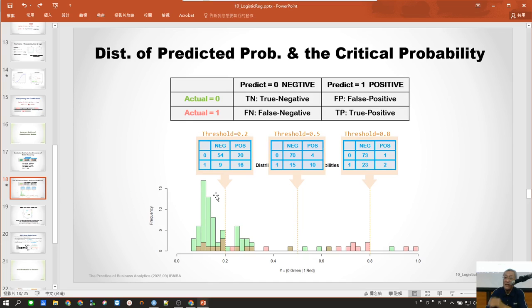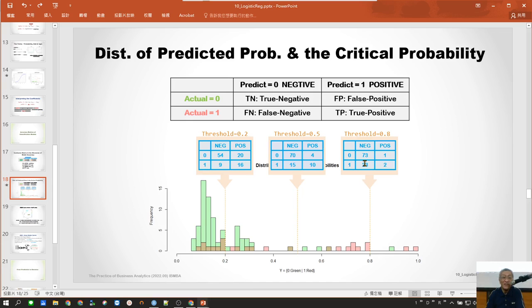Let's see how it works. If I shift the threshold upward, from 0.5 to 0.8, you can see that the size is decreasing, because I'm pulling this ratio up. I only have 3 points left on the positive side, while the number of negatives is increasing.